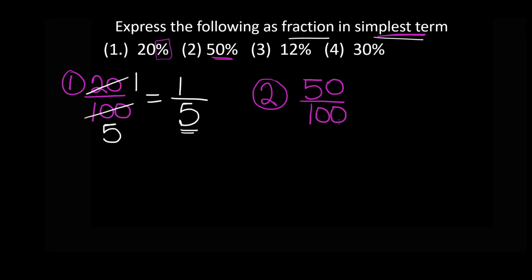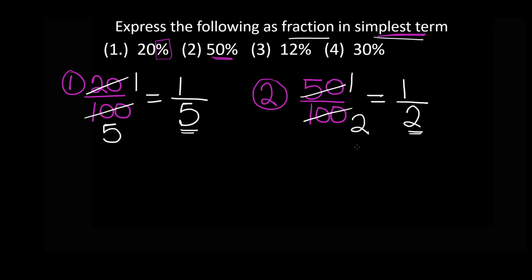Now if you take a look at this, you will also realize that 50 can divide 100. 50 is a common factor. So that means I can say 50 here gives 1 and 50 here gives 2, and my final answer is going to be 1 over 2.